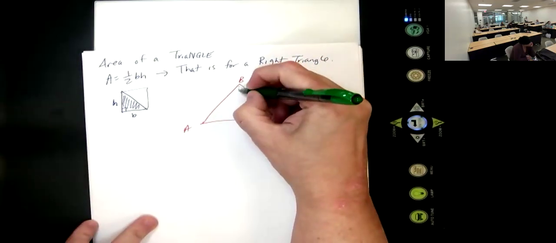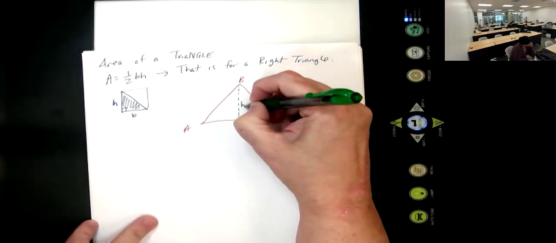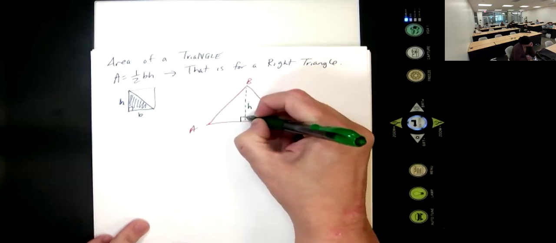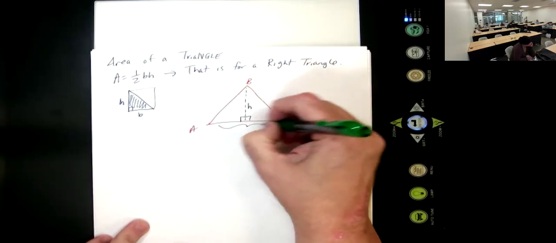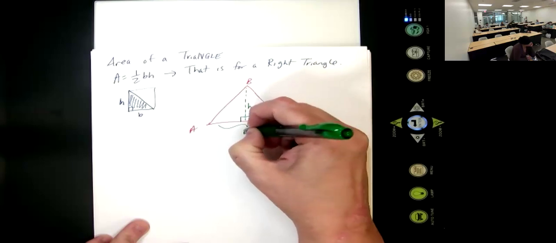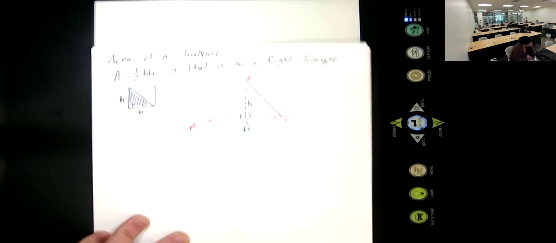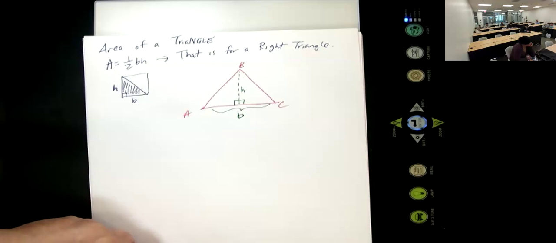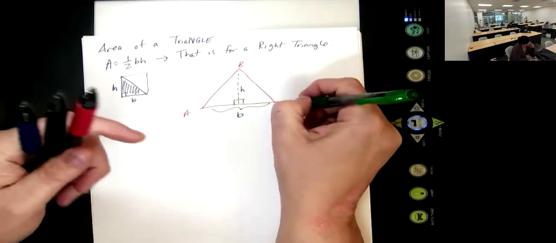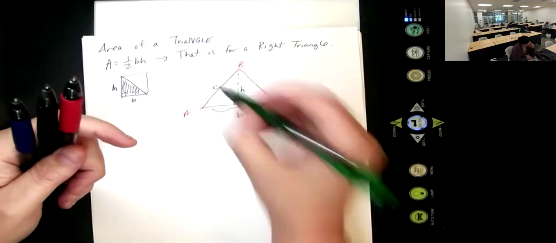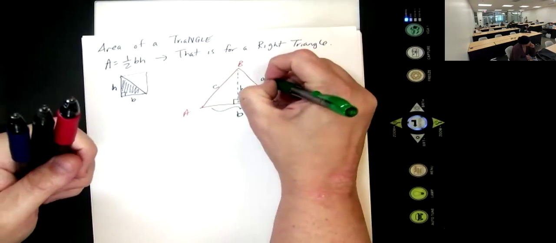So I'm going to drop a line down and make that my height. That makes nice little right triangles, and this whole length is B, my base. This is angle C, which makes this side C, and that's side A.